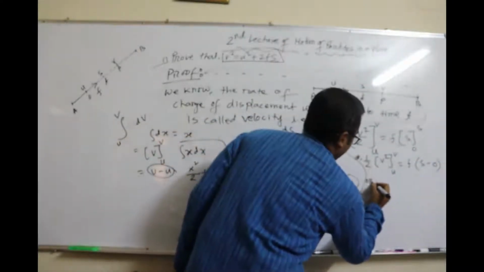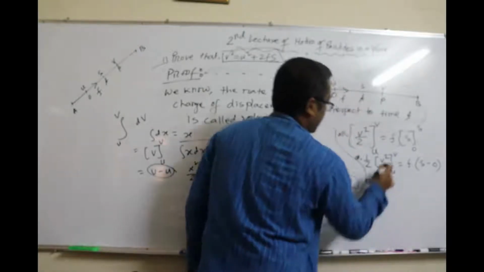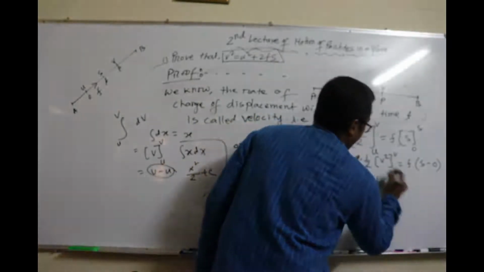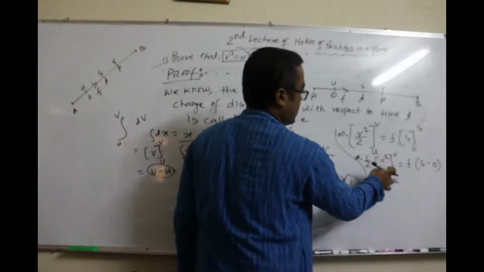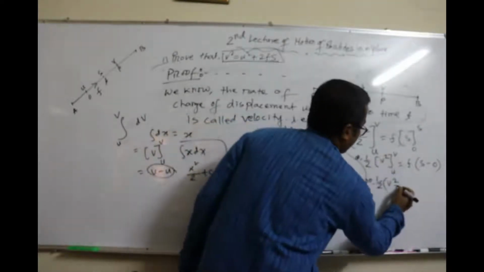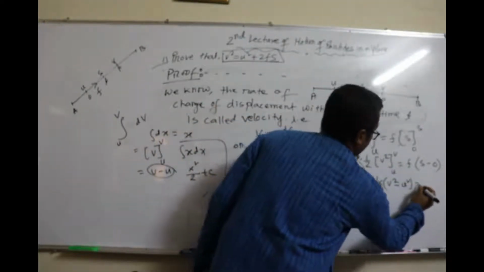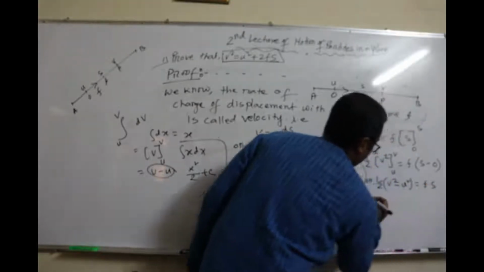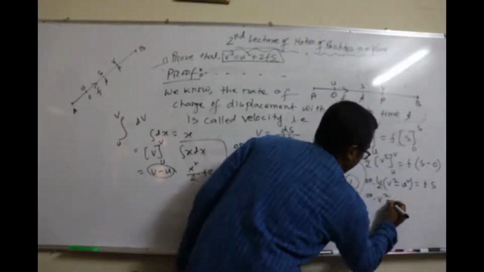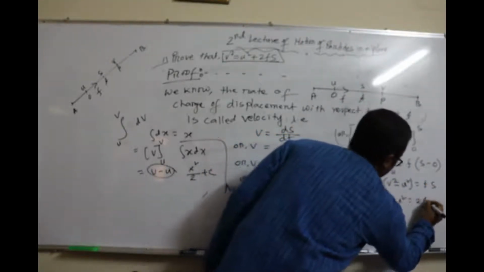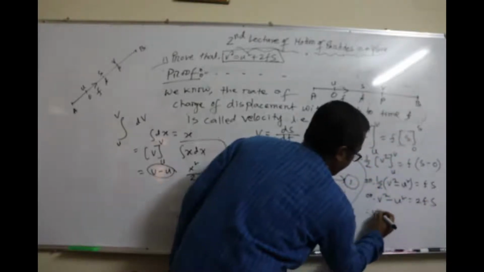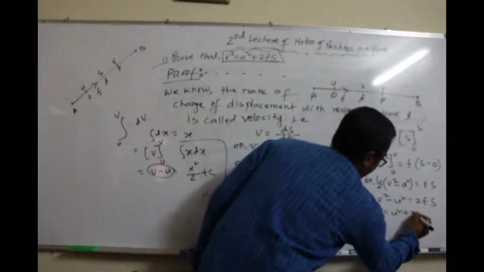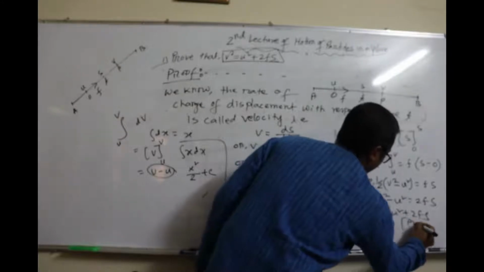Half of v square: if you put v, you get v square; if you put u, then minus u square by 2 equals fs, or v square minus u square equal to 2fs. Therefore, v square equal to u square plus 2fs, proved.